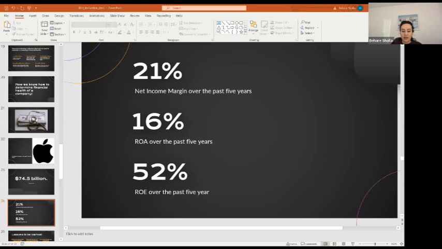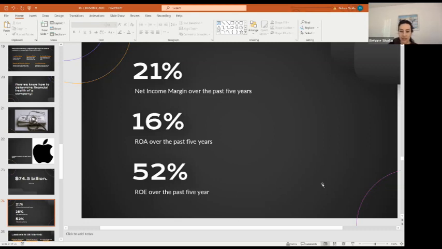From the information that we have from the financial reports of Apple, we see that the company has high revenues and high profitability. The return on assets, which is the measure of how efficiently the company is using its assets to generate profit, has been increasingly high, and the average over the past 5 years is 16%.